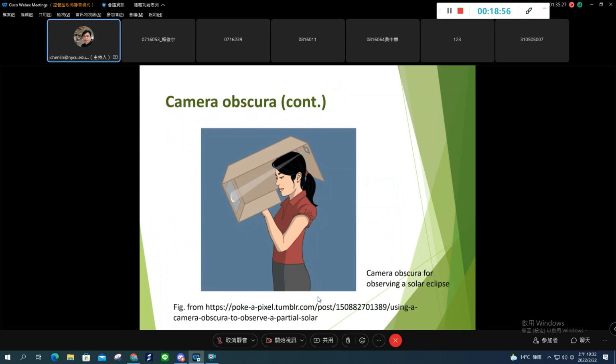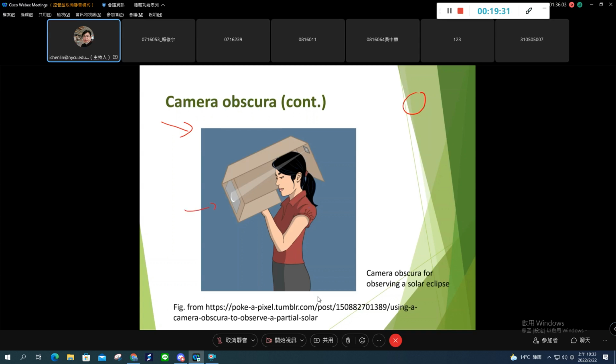Let's take a look at this one. This is actually one of the homework assignments of my daughter in elementary school. She's around 8 to 9, and in the last few years, there was a solar eclipse, right? Eclipse is 日食. So the teacher asked students to observe the change of the eclipse.